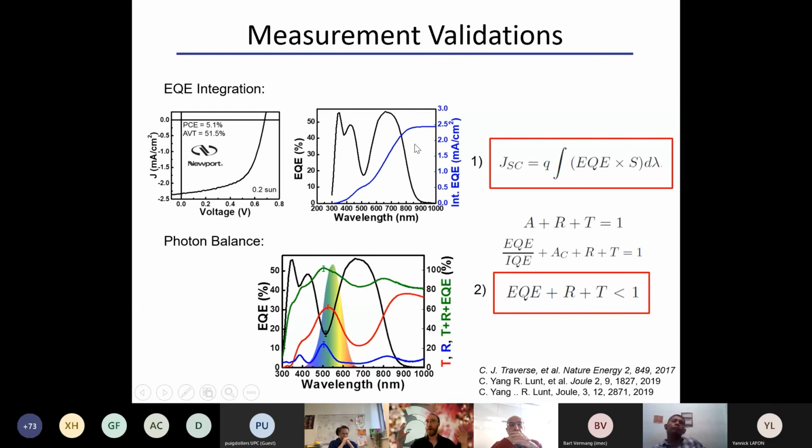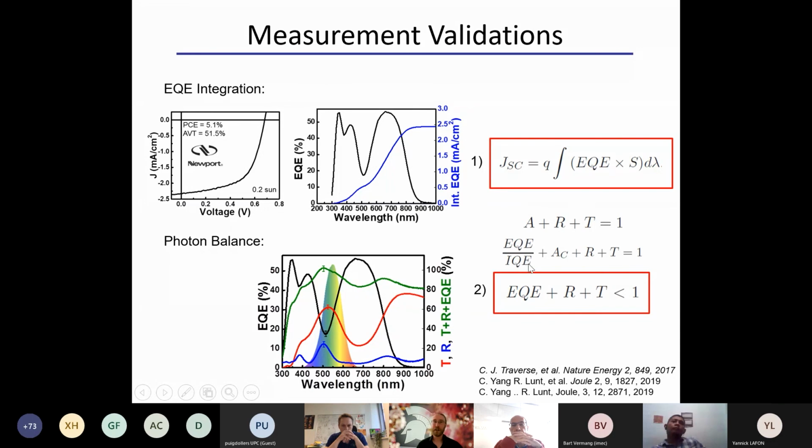Lastly, you want to make sure that you do all the traditional PV measurement validations. So you want to do photocurrent integration to compare the integrated photocurrent from the quantum efficiency with your measured photo JSC. And then the last one, and this is a new one that you have to add in, is the photon balance. So if you take A plus R plus T, you want to make sure that you satisfy this. A is notably hard to measure, and so you can get this from the quantum efficiencies.